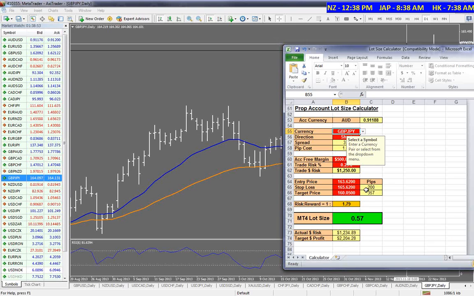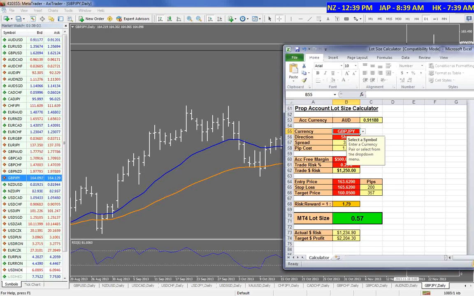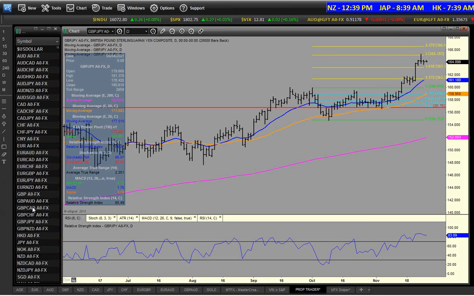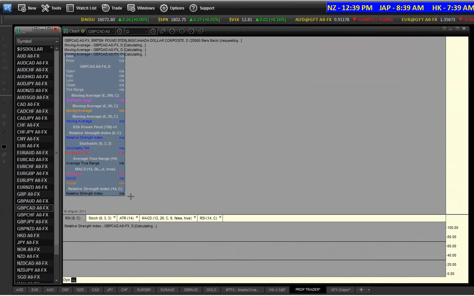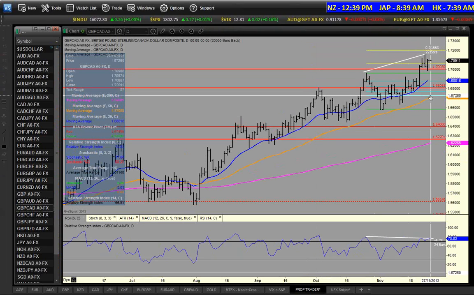Risk reward on the pound CAD still okay? It looks like less than 1.5. Does it? Pound CAD to 68. Yeah, if you get targeting 68, yes, it does look less than 1.5.